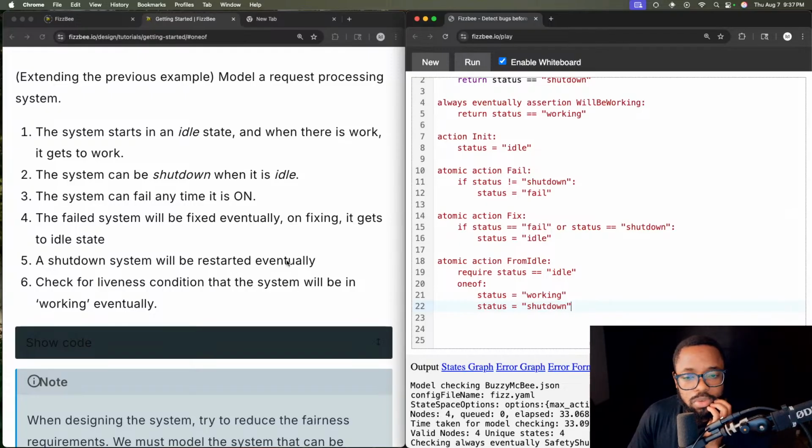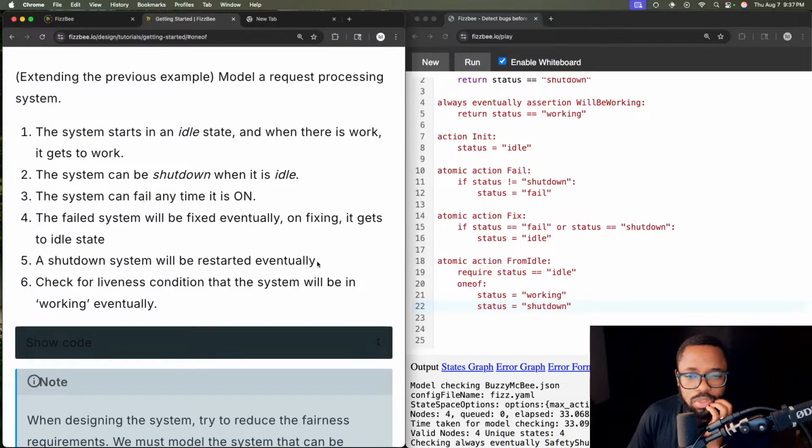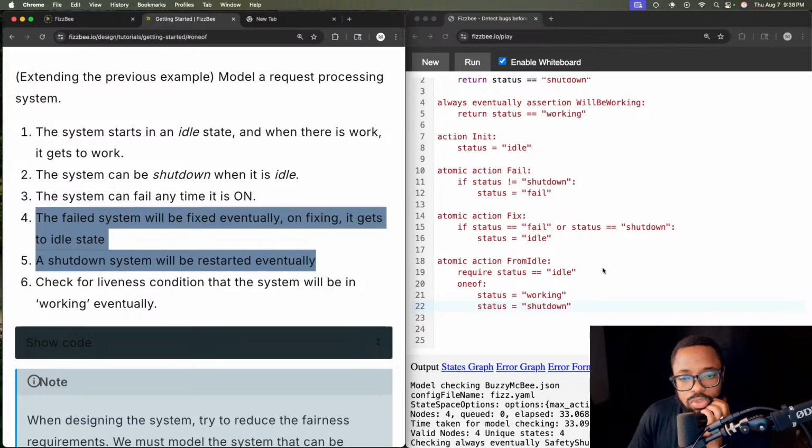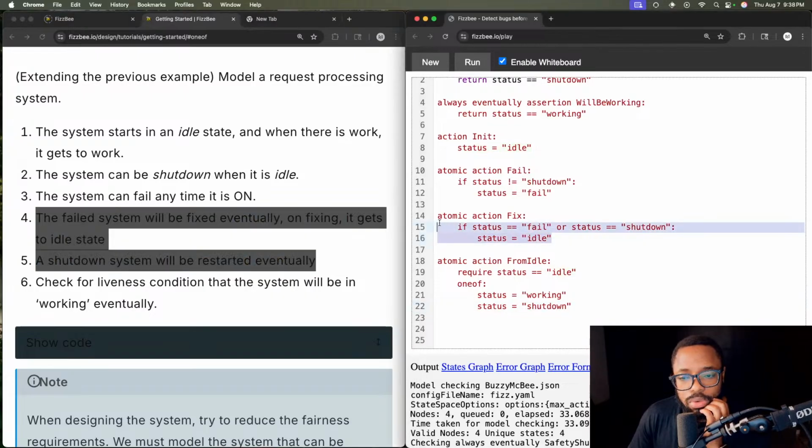The shutdown will be restarted eventually, which means we go back to idle. A failed system will be fixed eventually. On fixing, it gets to idle. So I think I wrapped these two up together here.